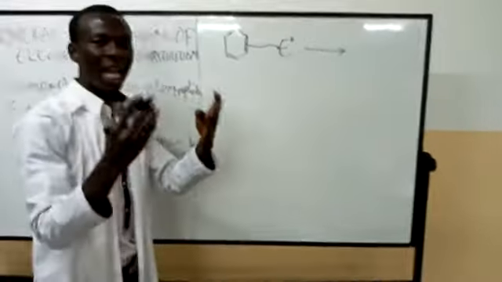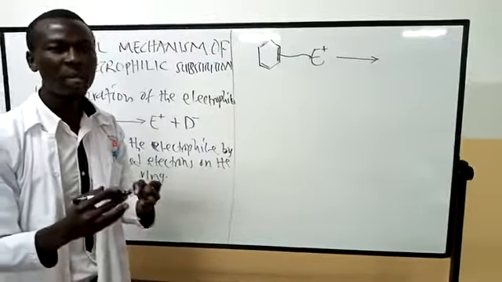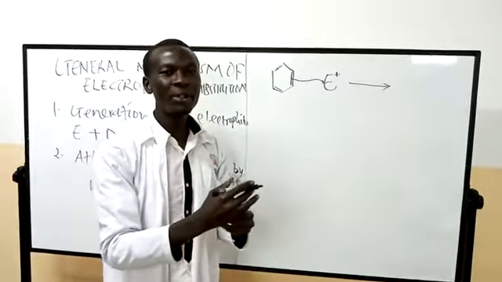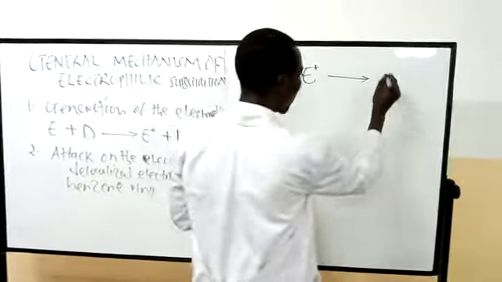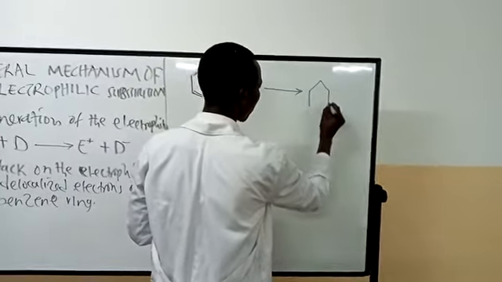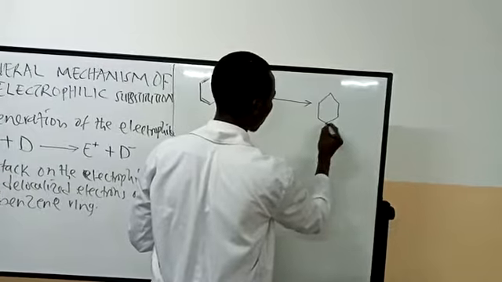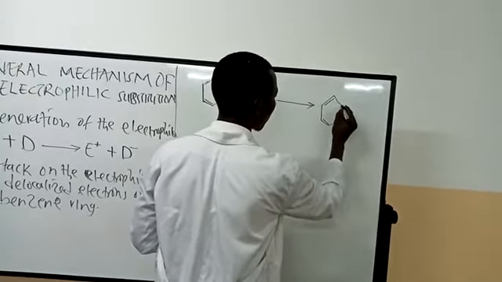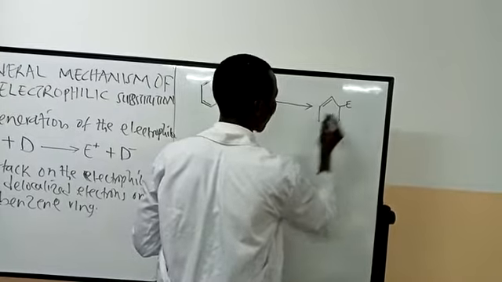We shall form an unstable intermediate in which the electrophile is attached on the benzene ring. So how does it look like? We have the ring there with these bonds untouched and the electrophile attached there.